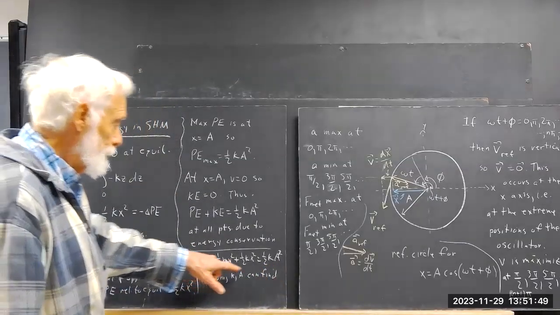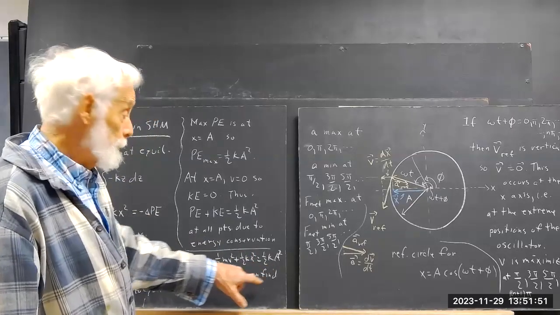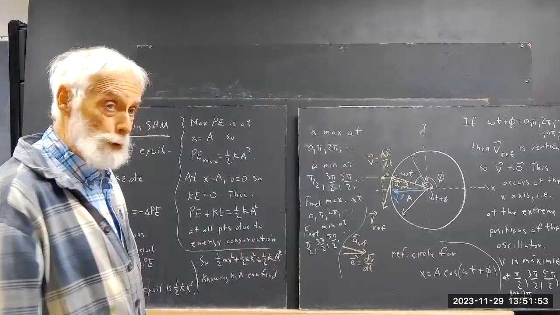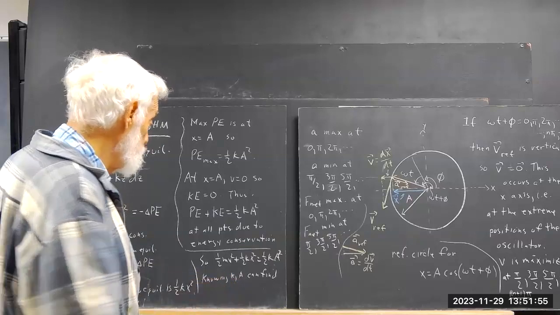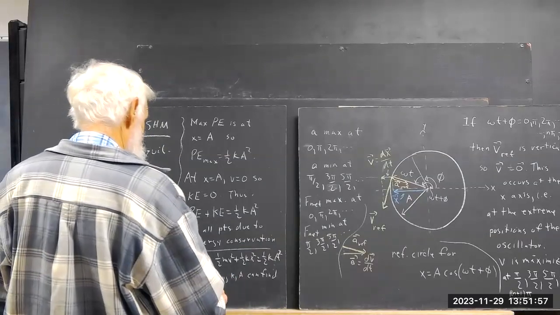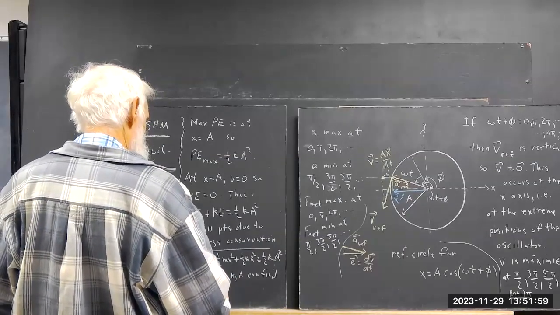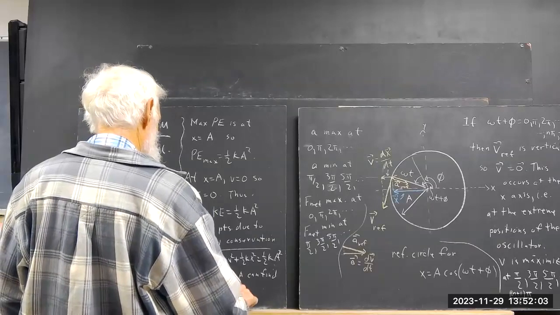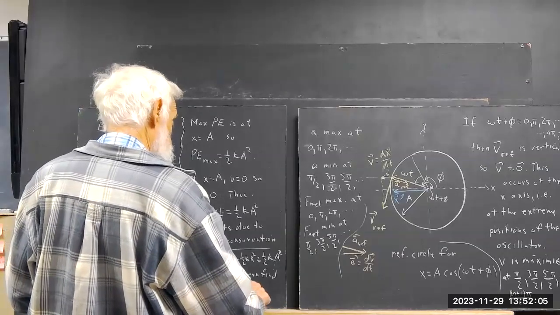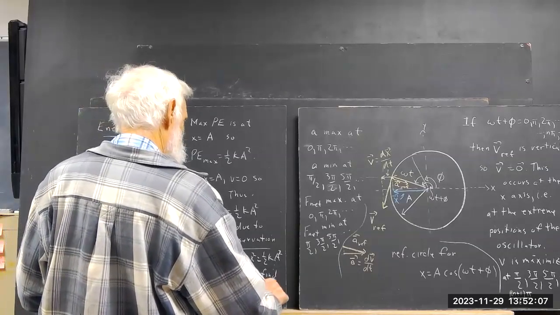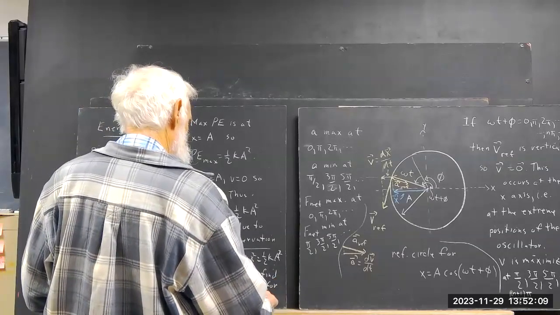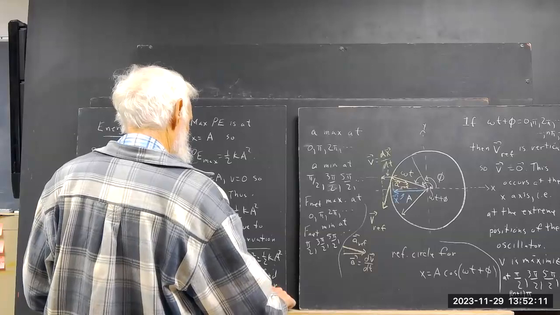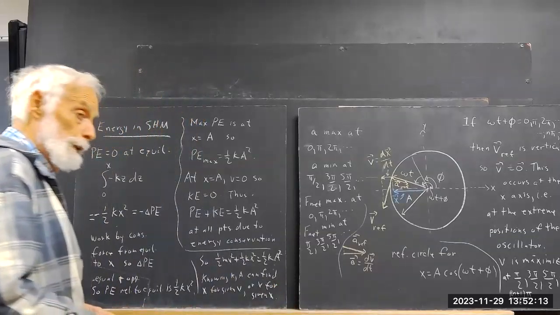So there it is. Kinetic plus potential energy is always equal to 1/2 KA squared. So if we know K and A, we can find X for a given velocity, or velocity for a given X.